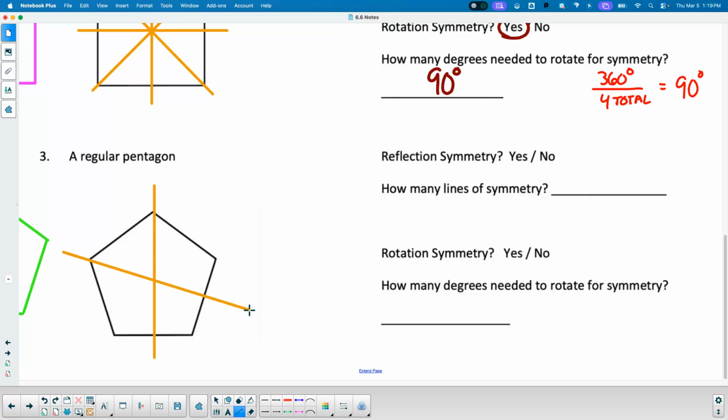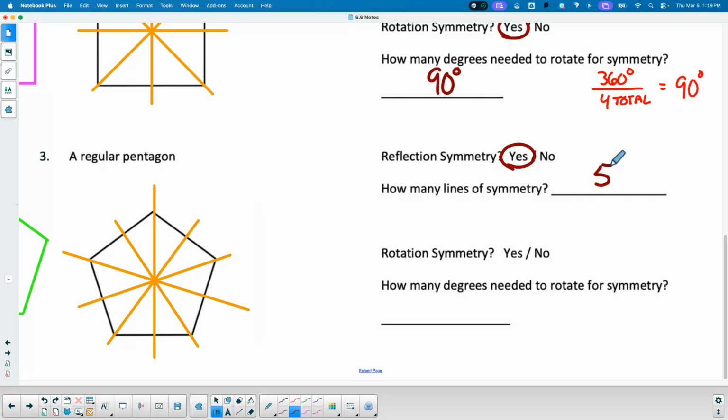There's 2. 3, 4, and 5. Right? I think Brayson's got it. Yeah, Brayson, you did it.